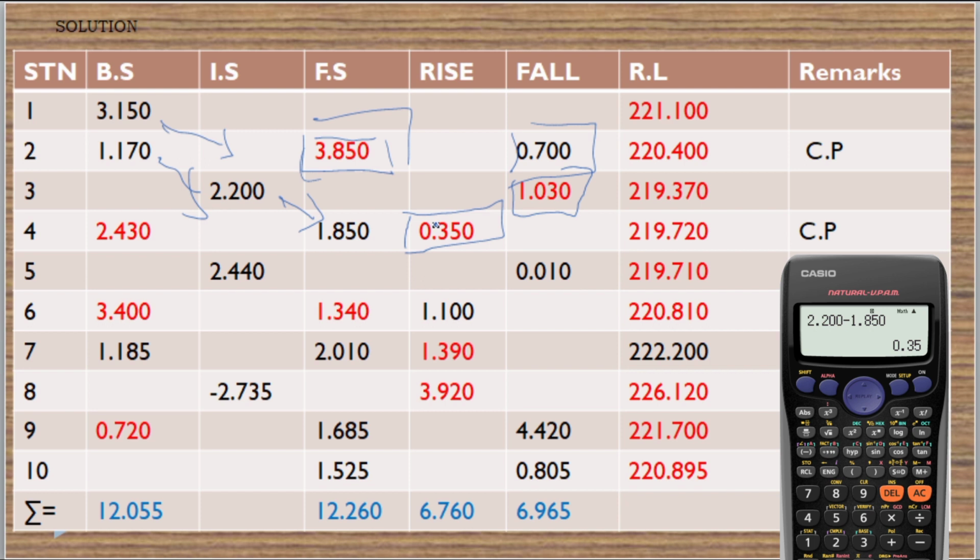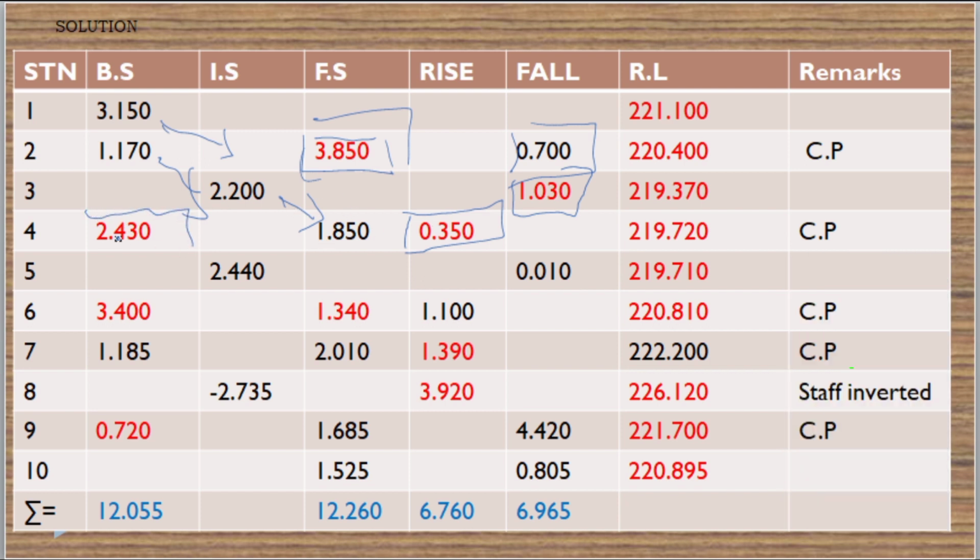Then there we had a change point again. That means here our x, we need to calculate it as the first reading of that positioning. Then we had been given a fall here, so that is a negative. So x minus 2.44 will get a negative of the fall.